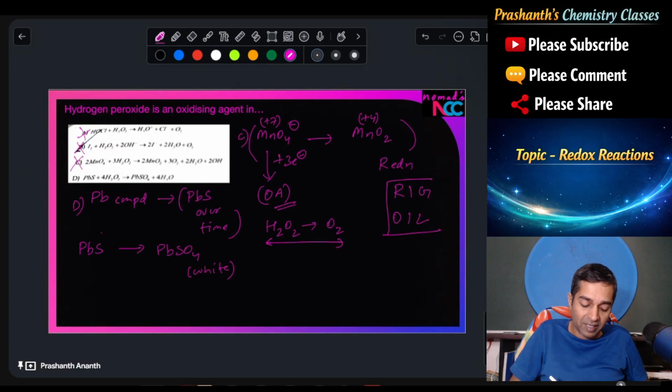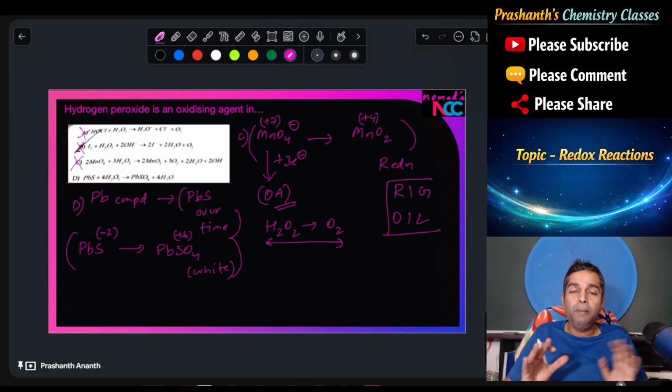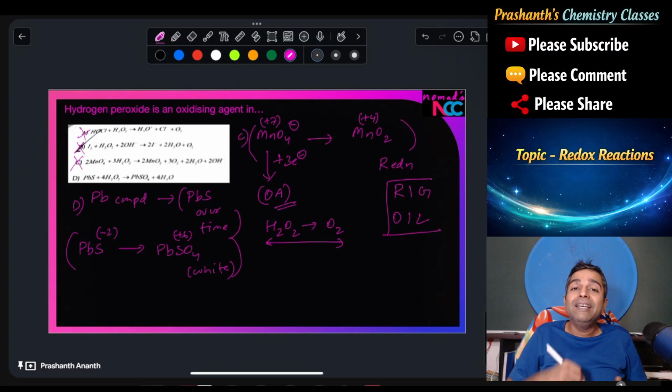PbS is going to be having sulfur in -2, and in PbSO4 sulfur is present in +6, meaning in this reaction, the reaction of old paint being retouched to make it proper again, PbS is becoming PbSO4, meaning we are actually having the black color changing into white color by oxidation of the PbS in this particular case here, meaning this is undergoing oxidation, meaning this guy is acting as a reducing agent, meaning something else has to act as an oxidizing agent.